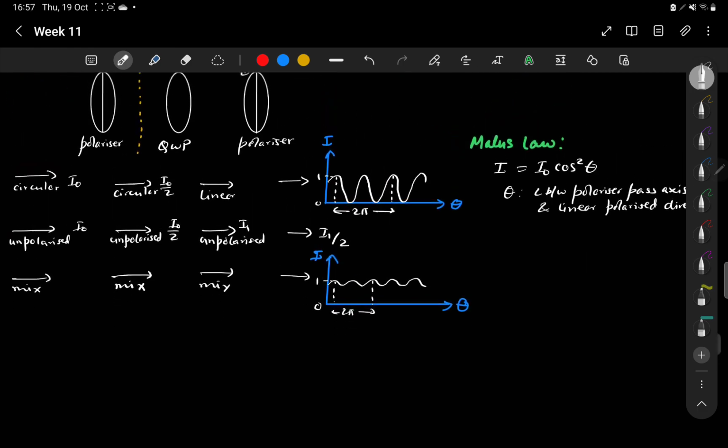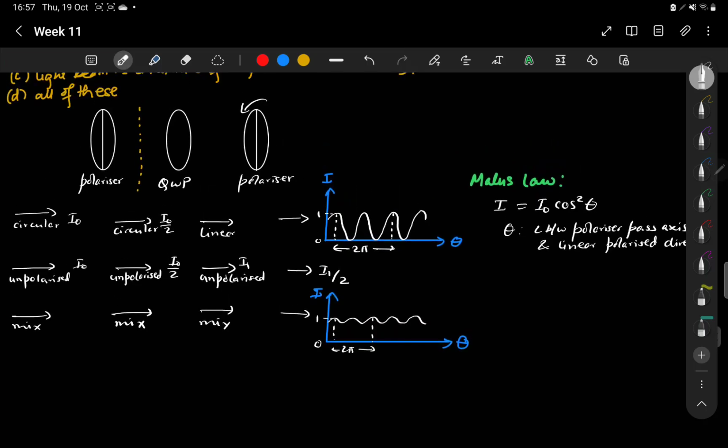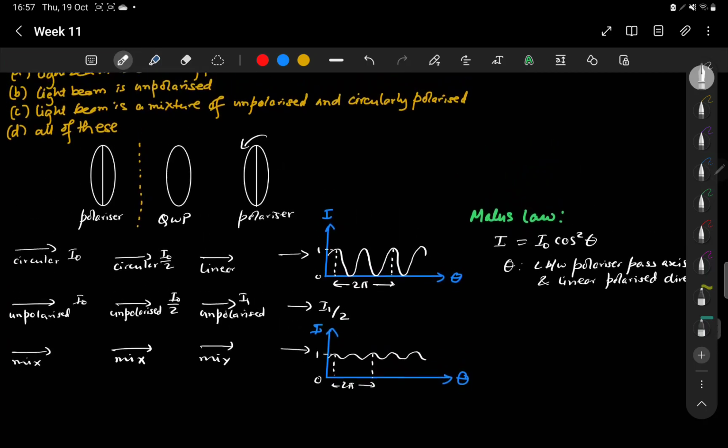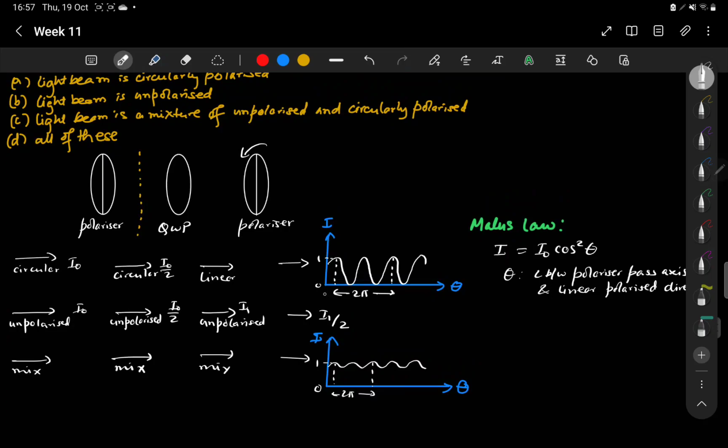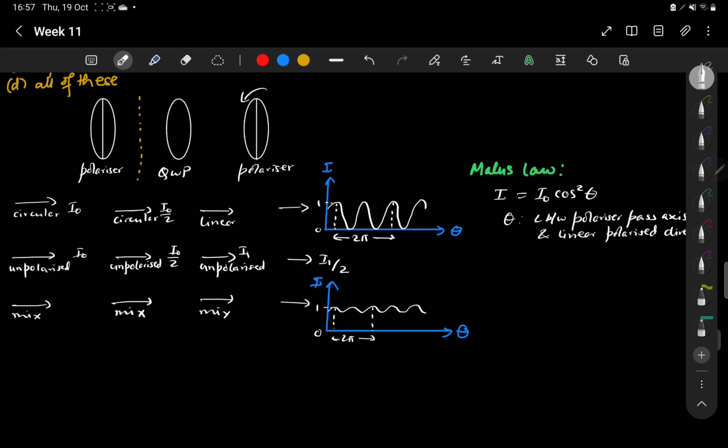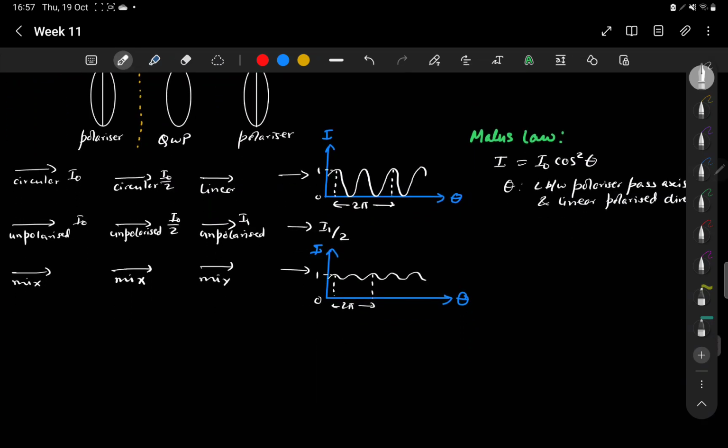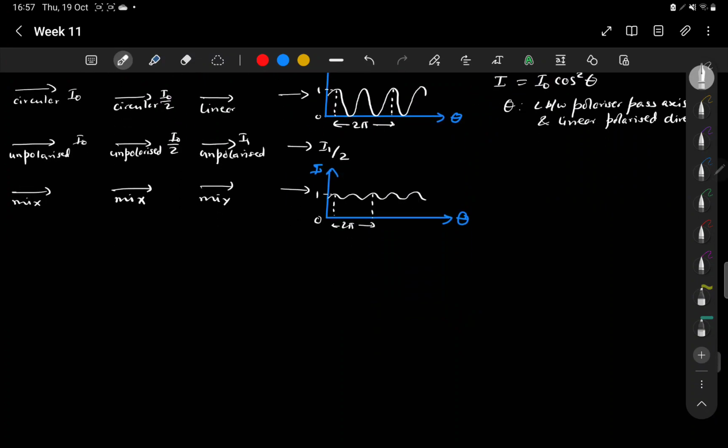That's because it is a mixture of unpolarized and circularly polarized. If it is purely circularly polarized, it goes all the way down to 0. If there is some component of unpolarized light beam as well, then it does not go down fully to 0. Okay, good. So we can proceed further.